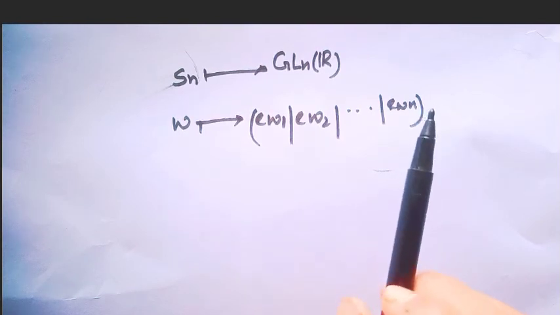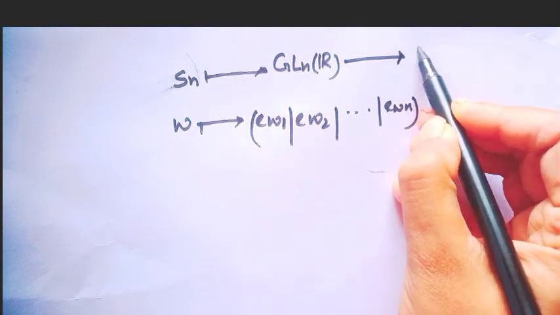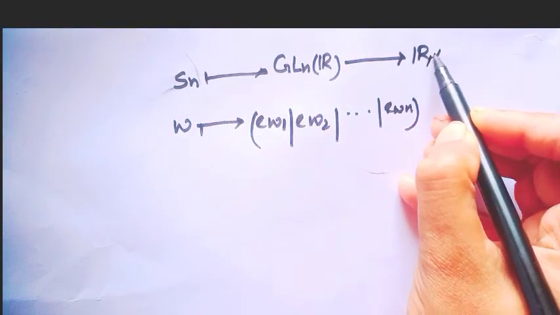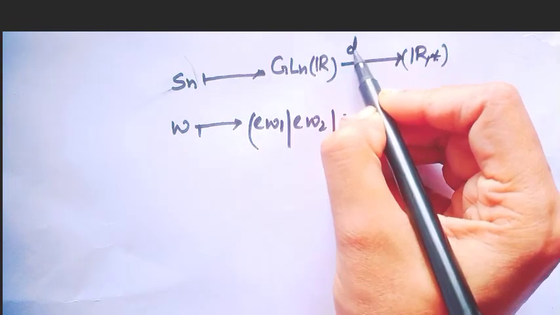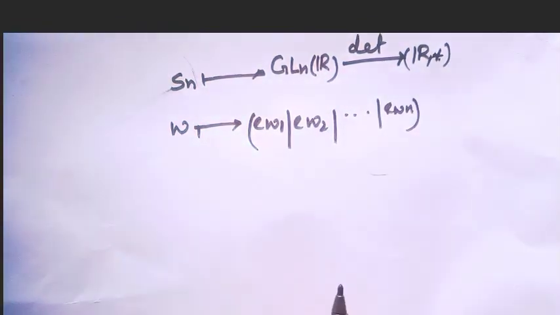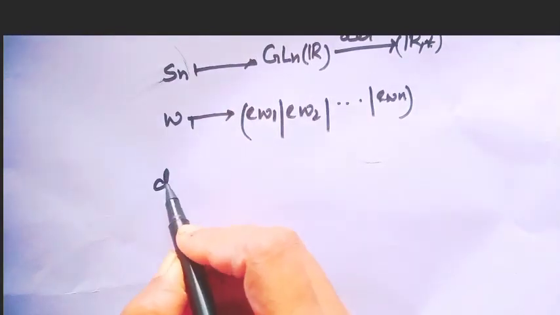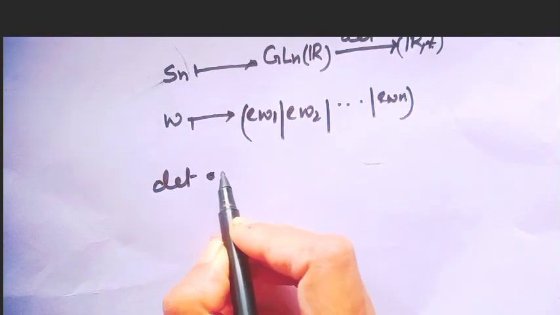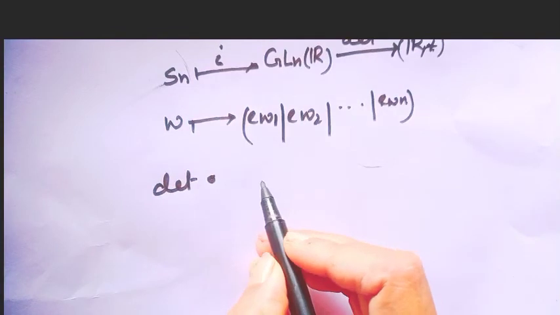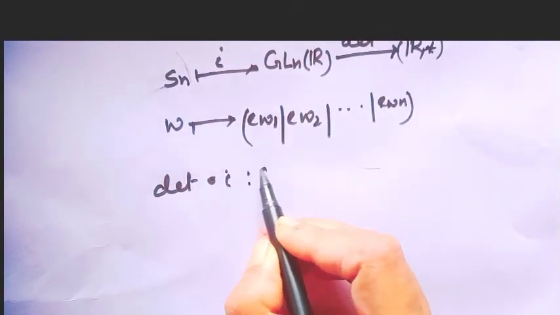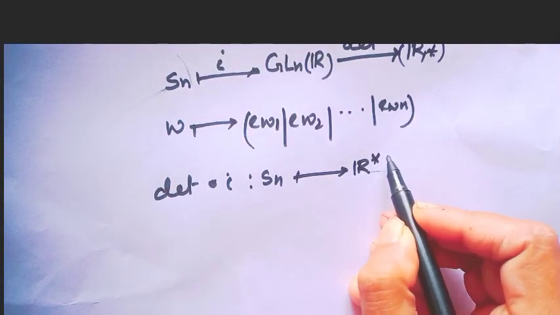Now consider another homomorphism from GLn(R) to R under multiplication, and this homomorphism is defined as the determinant. Now if you compose them, then it would be determinant composed with this homomorphism, defined as i, from Sn to R under multiplication.